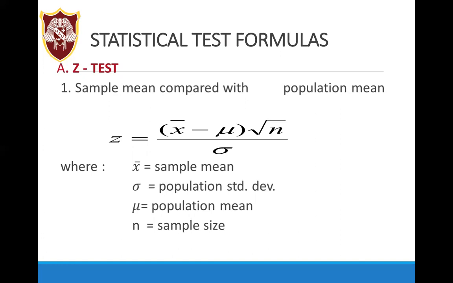So the computed z value is equal to the difference of the sample mean and the population mean multiplied by the square root of the sample size divided by the population standard deviation. So again, we use the z-test if we know the population standard deviation.